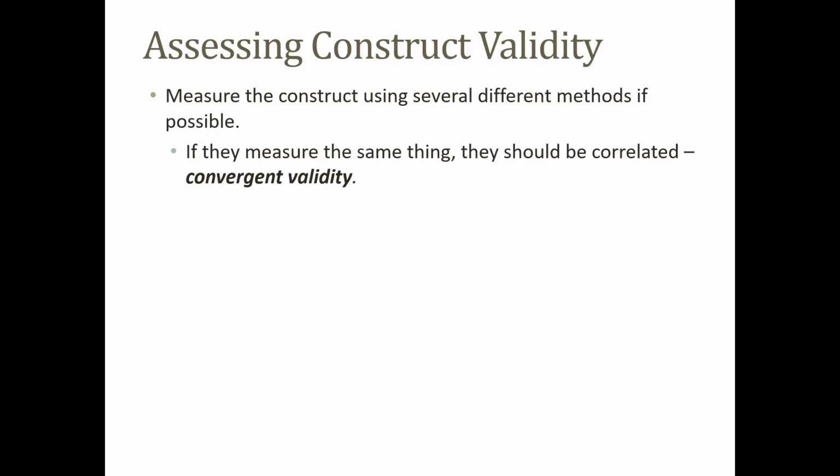If there are possible ways to measure any construct, to achieve construct validity, you may adopt two different approaches in measuring the same construct. So that if at the end of the day, the two different approaches in measuring the construct are similar, then we say there is convergent validity.